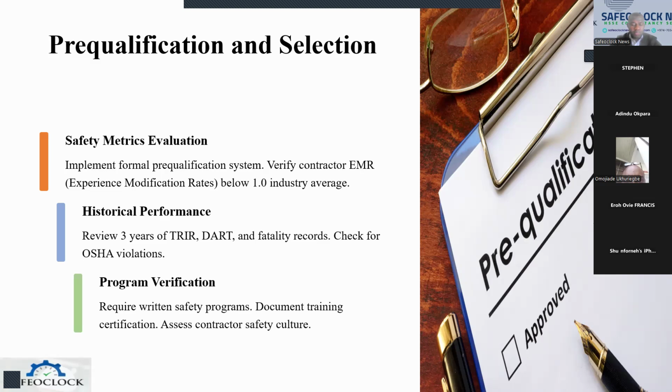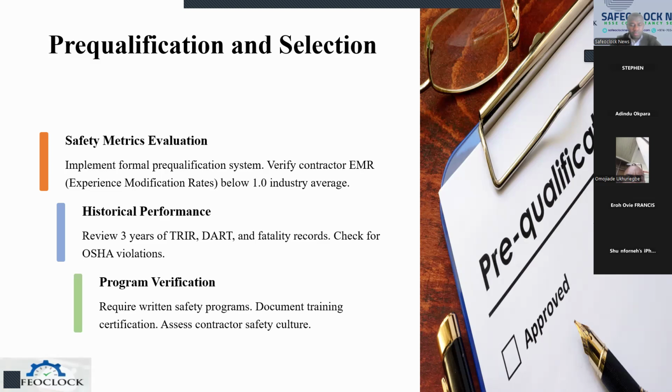We also need to look at the requirements of the program, the different programs the organization has, because we are going to require them to provide records of all those things. We have to look at their training records, their employees, the certifications and qualifications they have, what kind of training, and whether they have any third party certification in specialized areas.